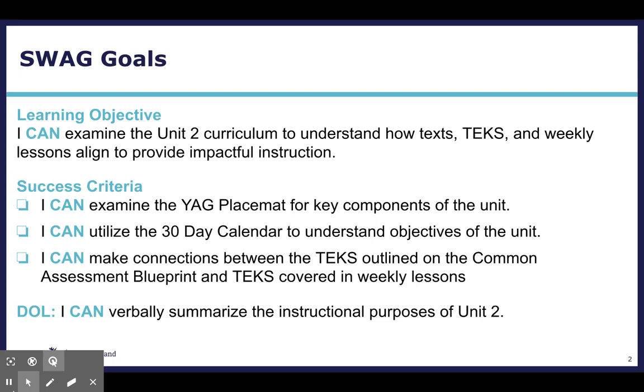I can utilize the 30-day calendar to understand objectives of the unit. I can make connections between the TEKS outlined on the Common Assessment Blueprint and TEKS covered in weekly lessons. And our DOL, or Demonstration of Learning: I can verbally summarize the instructional purposes of Unit 2.